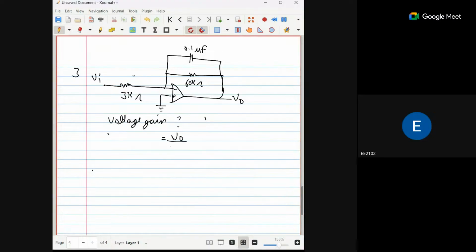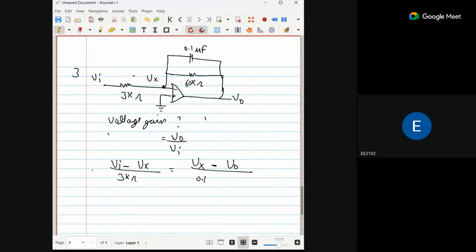So can we use KCL here also, from here to here? We can take it as Vx. So Vi minus Vx upon 3 kilo ohm equals Vx minus V naught upon 1 upon CS for the 0.1 microfarad.